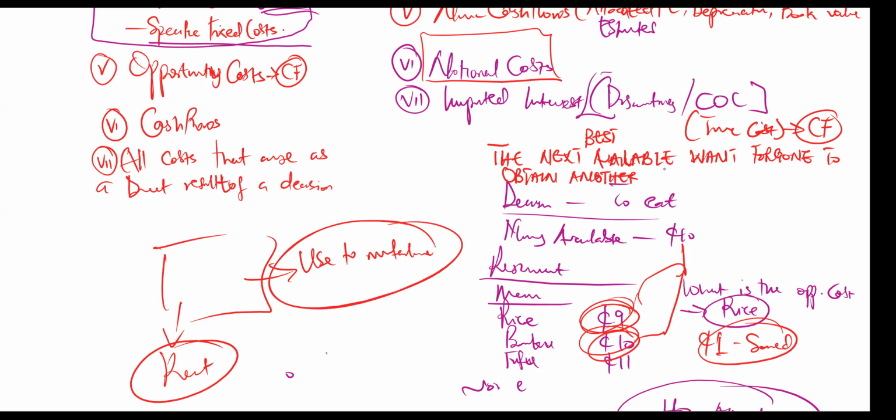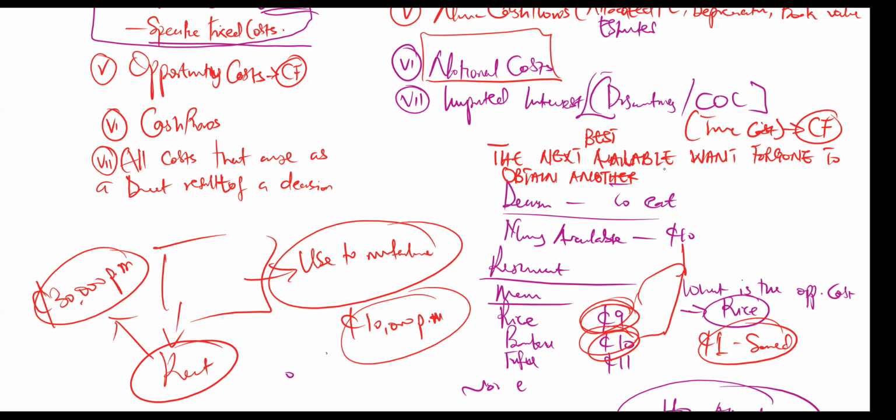Use this warehouse to manufacture and earn 10,000 per month, or rent the warehouse out and get 30,000 cedis per month. Which is better? Rent and get 30,000. The question is, is there someone to rent right now?